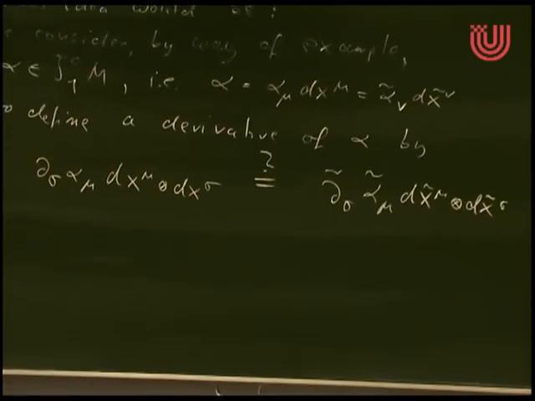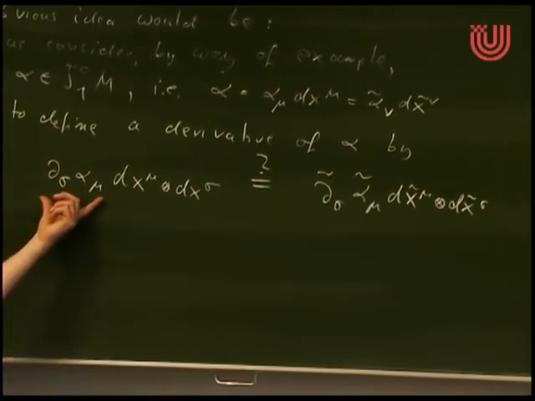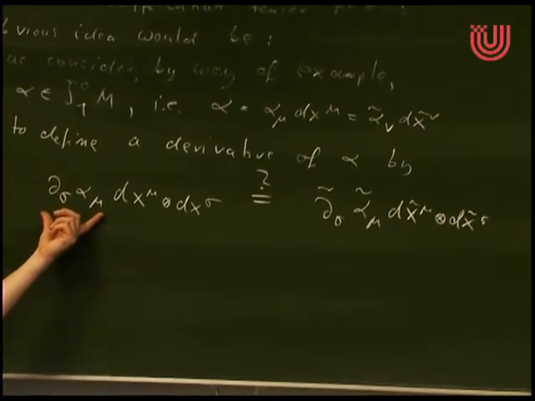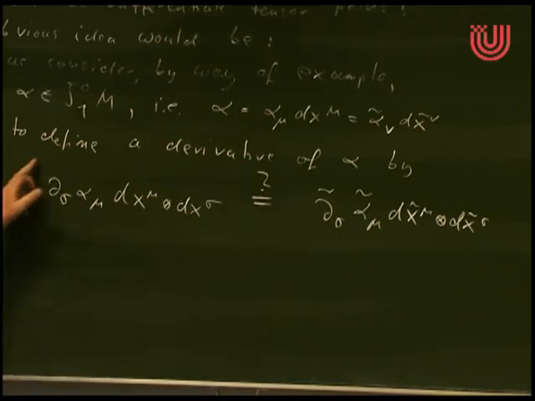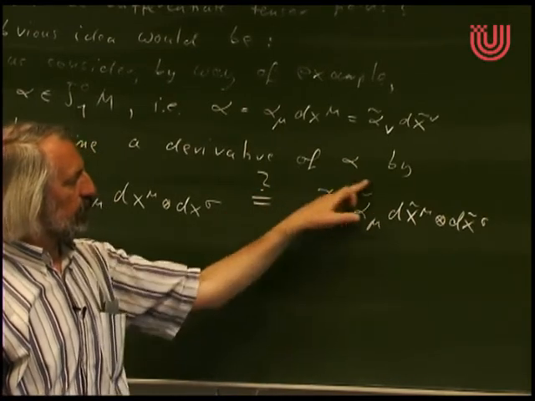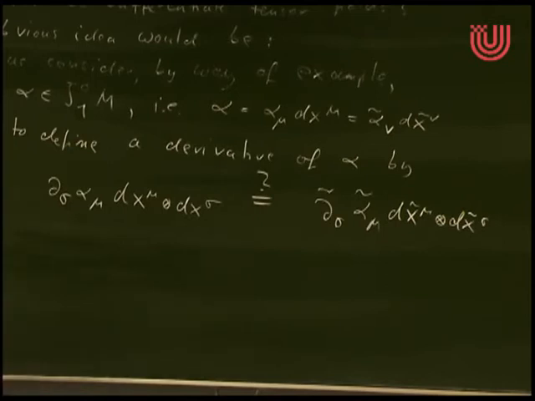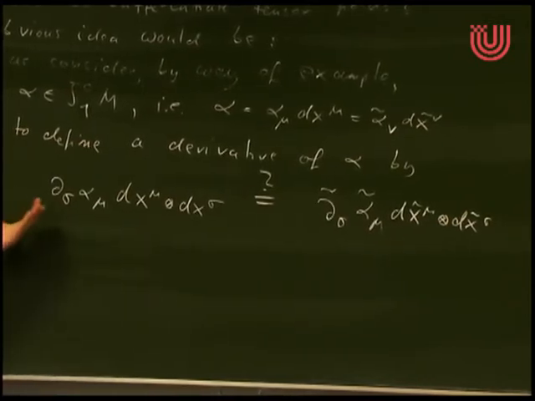So that would mean, do these things transform like second rank tensor fields? That's the same question. So if this equality would hold, this would mean that this object would be the coordinate representation of the same tensor field as this here would be for the other thing. Then I would have one tensor field defined by this expression.